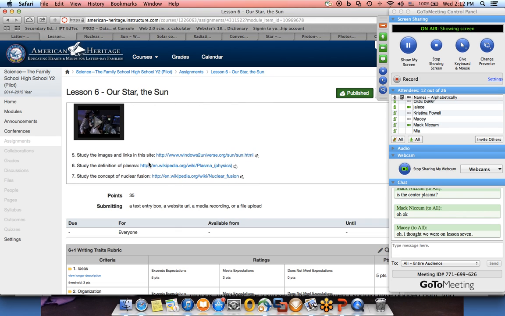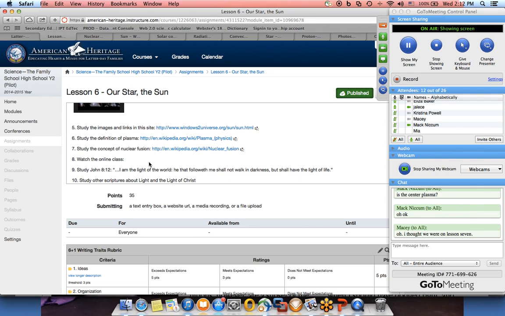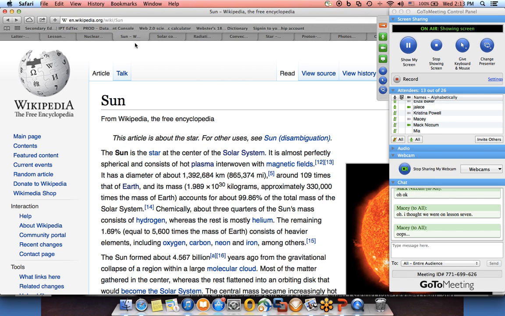There are also a couple of other links, and a link about plasma that talks about what plasma is. Let me go to the article on the sun itself.